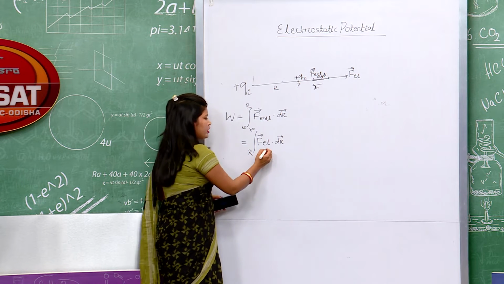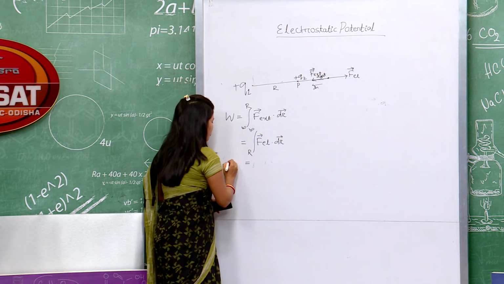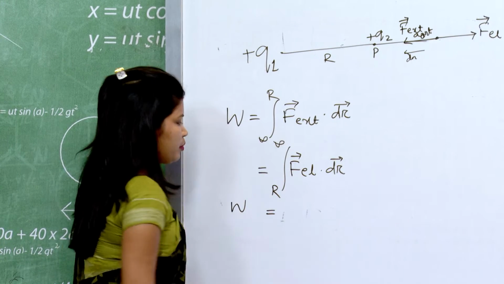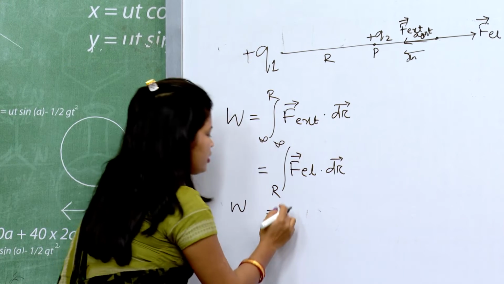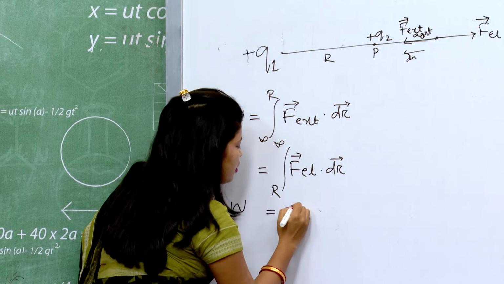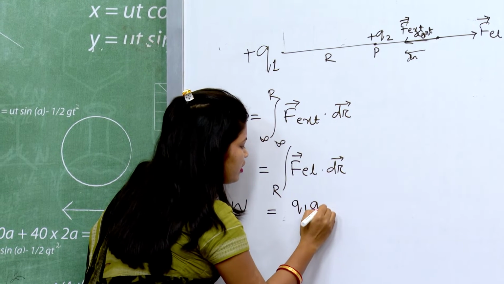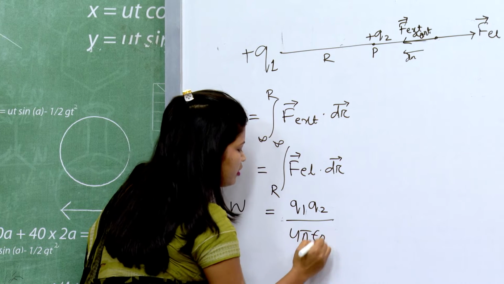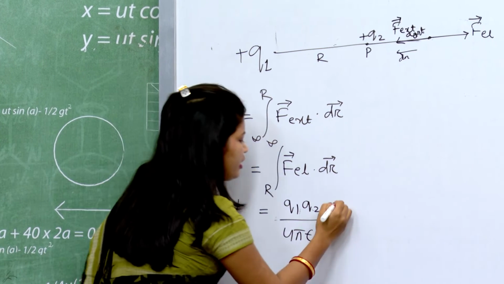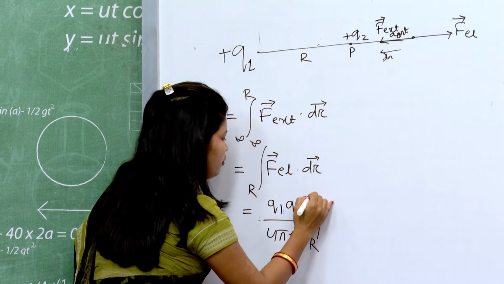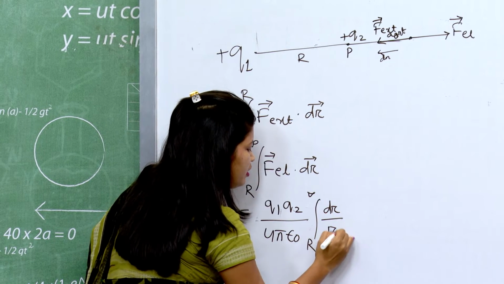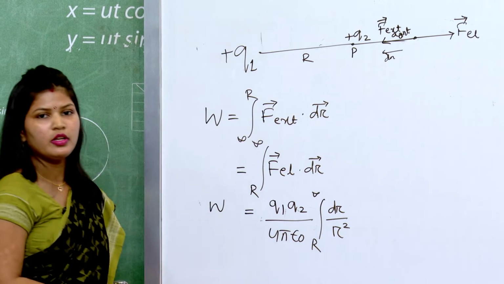That is why, by putting in Coulomb's law, that is Coulomb's formula, force is equal to q1 q2 upon 4 pi epsilon naught r square, work done W is equal to q1 q2 upon 4 pi epsilon naught, integration of r to infinity dr upon r square.